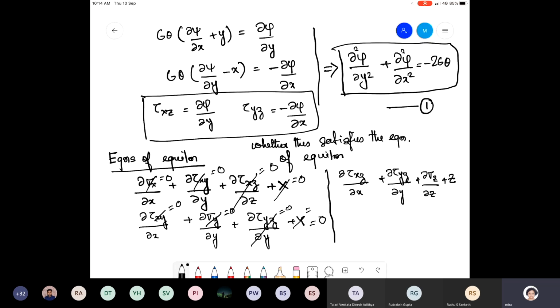Then the third equation of equilibrium: del tau xz by del x is equal to minus del phi by del x del y. And del tau yz by del y is minus del phi by del x del y. And sigma z is anyhow equal to 0. These two will also cancel each other, so this goes to 0.